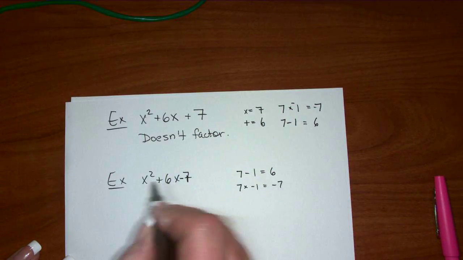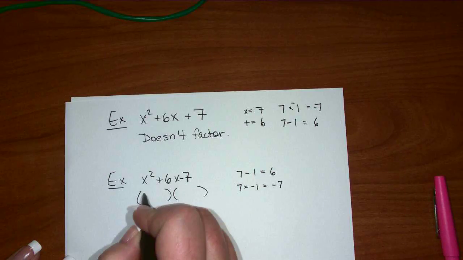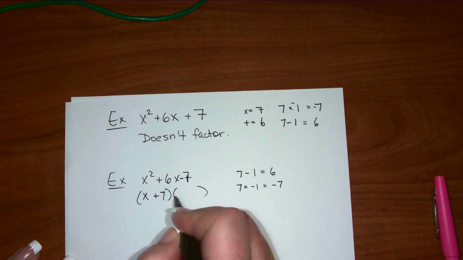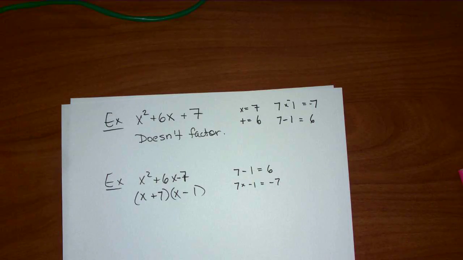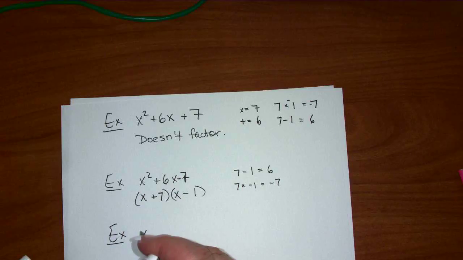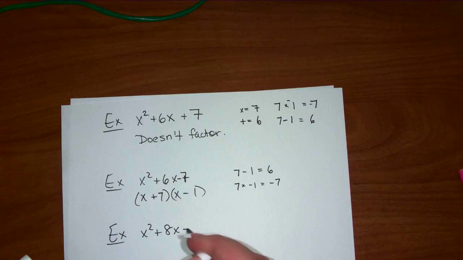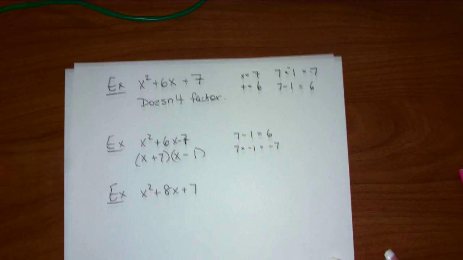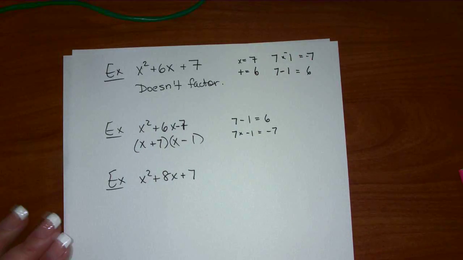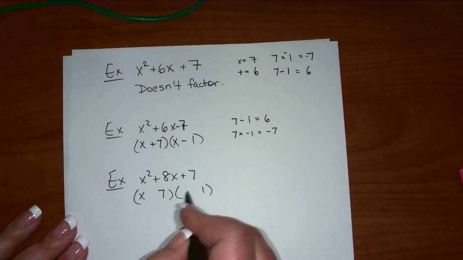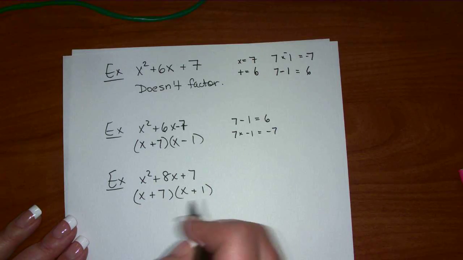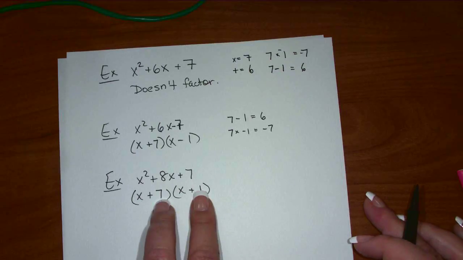Or what if we had 8x instead of 6x? 7 and 1 add to give? 7 plus 1 is 8, and 7 times 1 is 7.